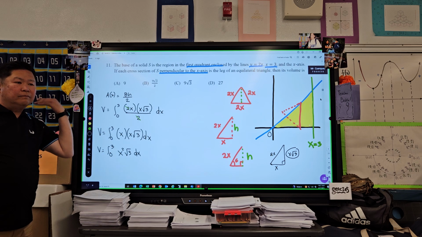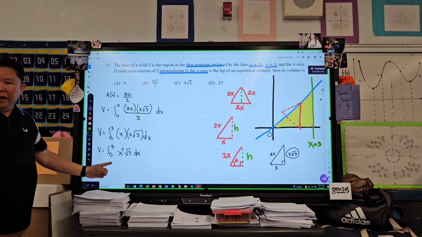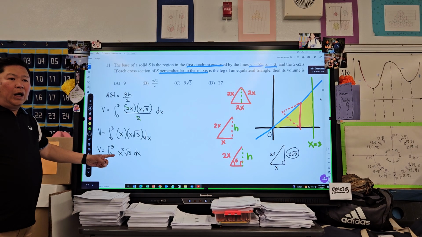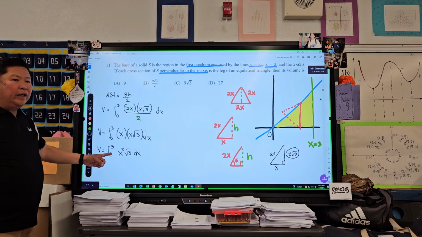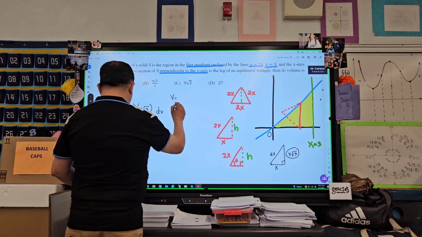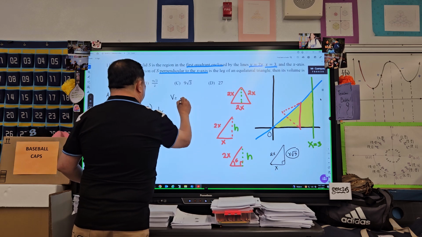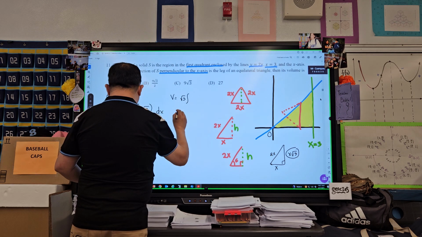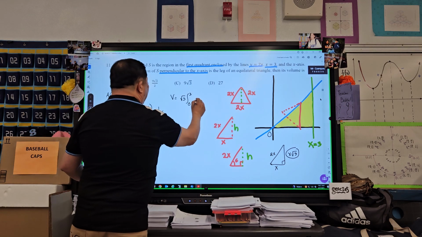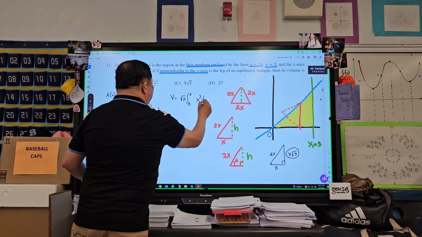Where to write it? At the front, because this is constant. So this is the one that we are concerned with taking the anti-derivative. So volume is equal to square root of 3 times the integral from 0 to 3 of x squared dx, and then do the anti-derivative.